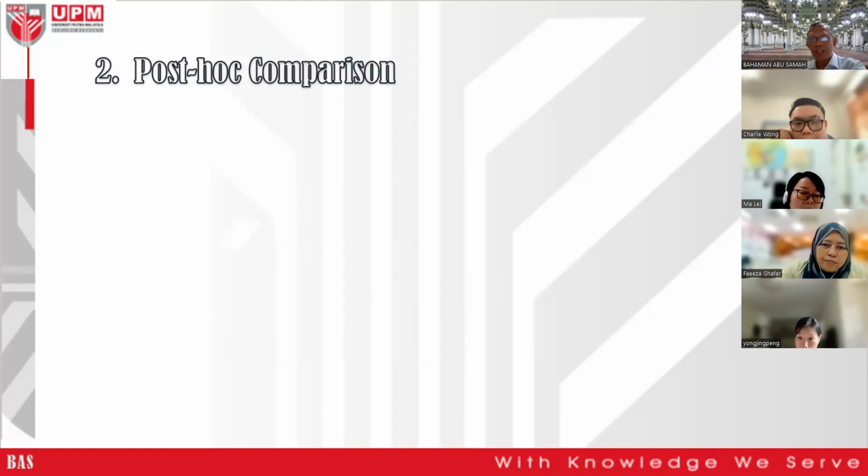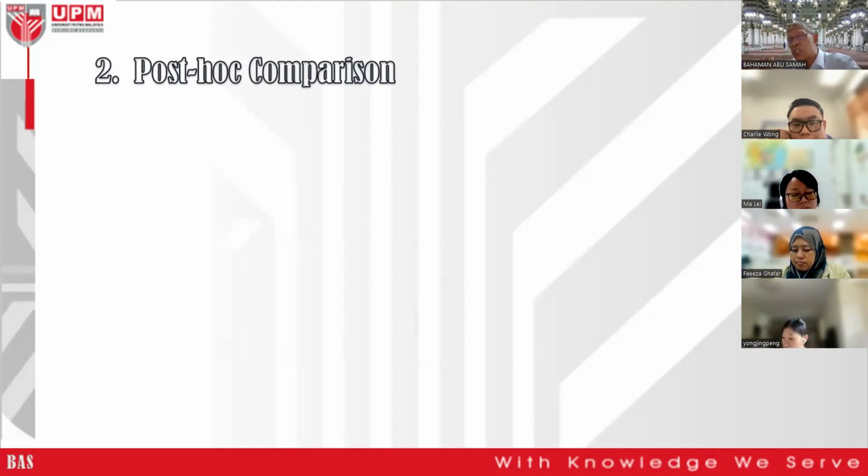The second factor. Oh, the second factor. Because it is not relevant to go for post hoc comparison for gender, even though when we tested for gender, it was significant. Since we have only 2 categories, male and female, when it is significant, the difference is significant. No need to proceed for post hoc comparison.